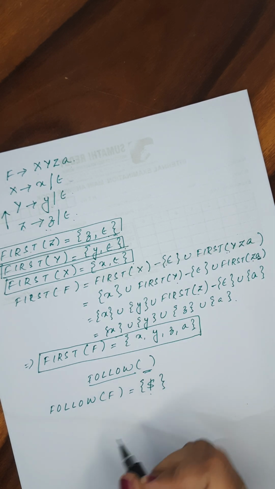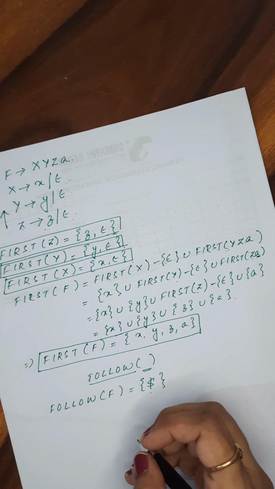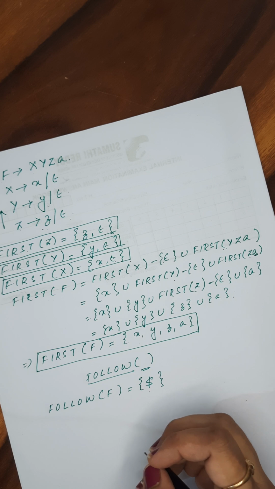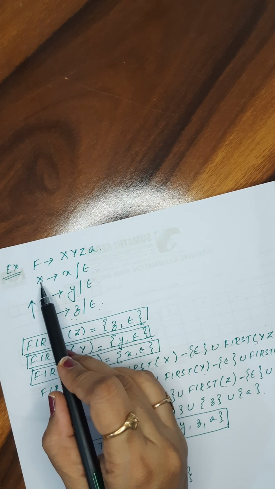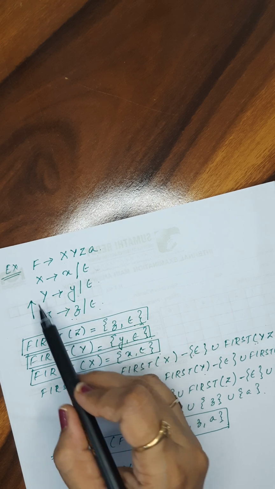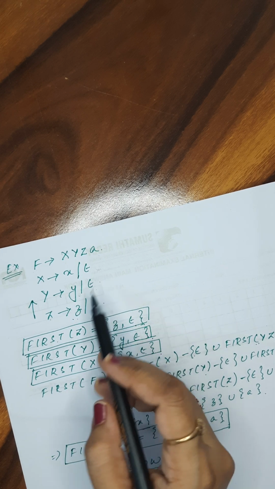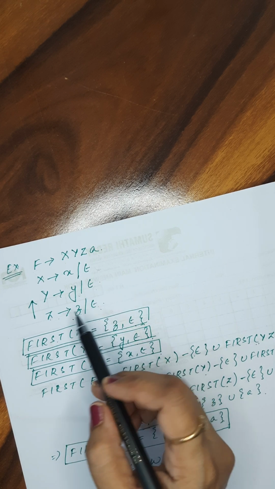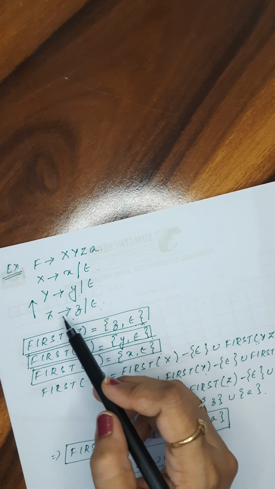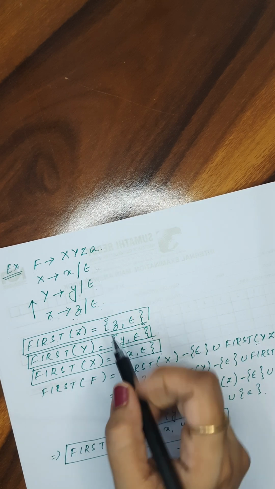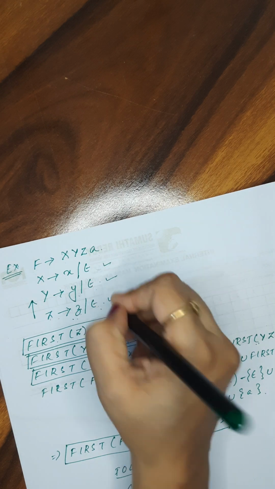Which production we will apply the rule of follow to, and which we will not, we have to take into consideration. Here we have X tends to small x epsilon, Y tends to small y epsilon, Z tends to small z epsilon. That means in the right hand side of the production, all are terminal symbols. So, in such productions, we will not apply follow.